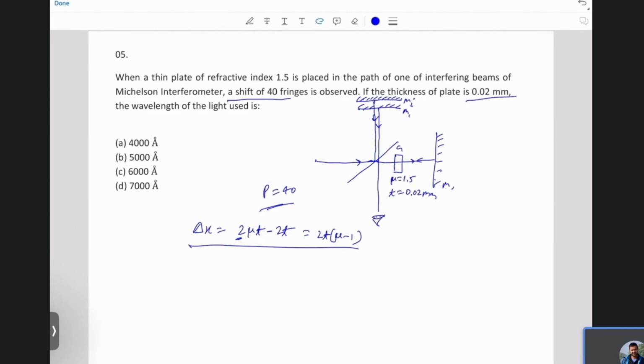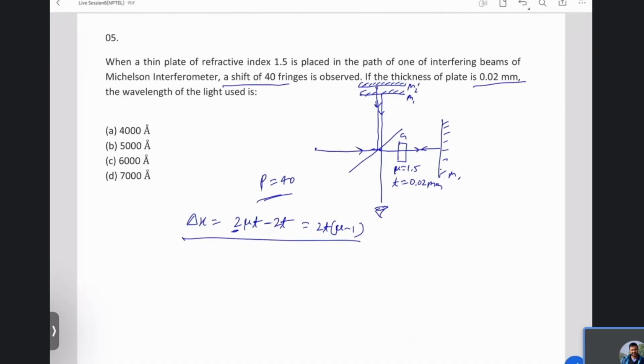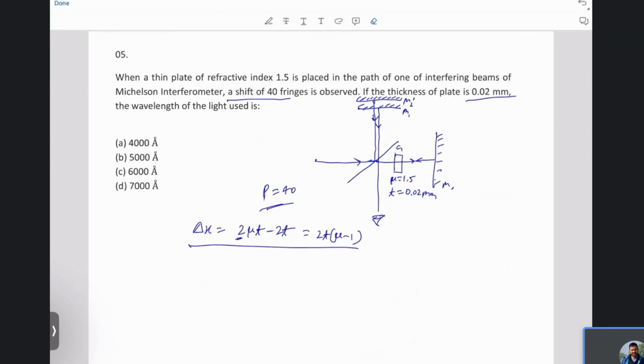So now we have calculated the path difference, and I told you if you increase the distance between the two mirrors, you have this condition.